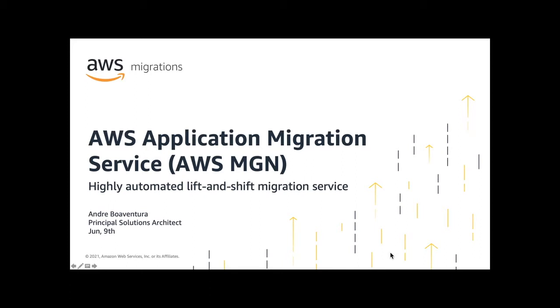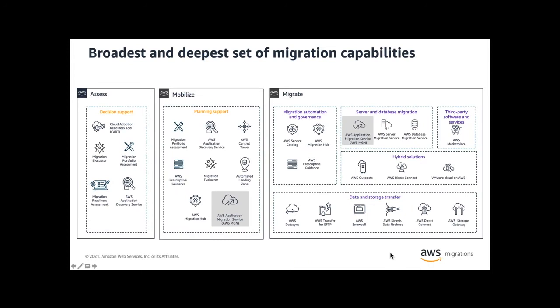So just a few reminders. When we are talking about migration with AWS, this is the typical blueprint you are going to find with the MAP, the Migration Acceleration Program. We have the assess phase, mobilize phase, and migrate phase. This is just a quick overview of the broad migration offerings available through AWS.